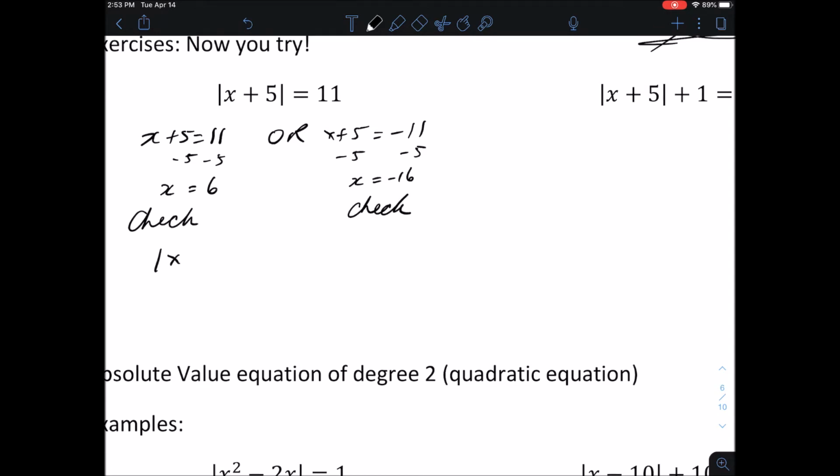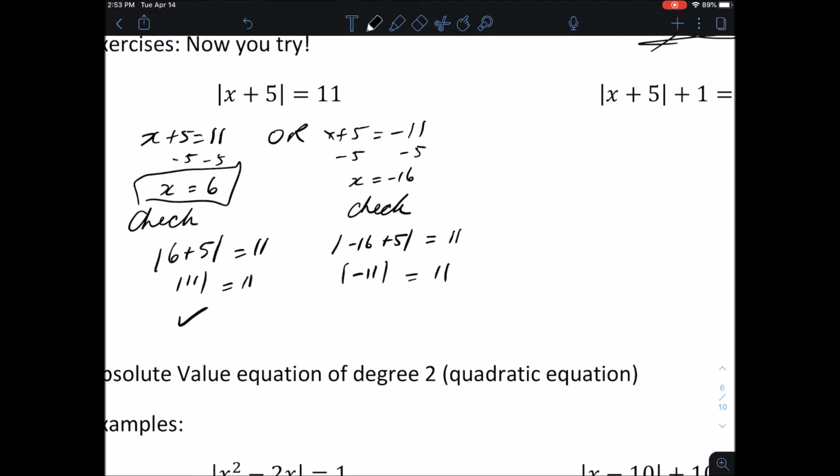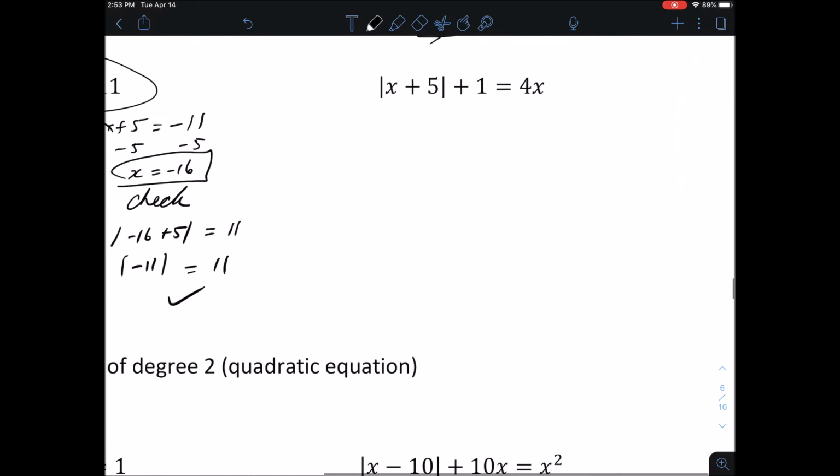And now I'm going to check. 6 plus 5, 11. 11 in absolute value is 11. Yep, so this is a good answer. And negative 16 plus 5 is negative 11. Yep, this is also a good answer. So in this one, I have 2 solutions.